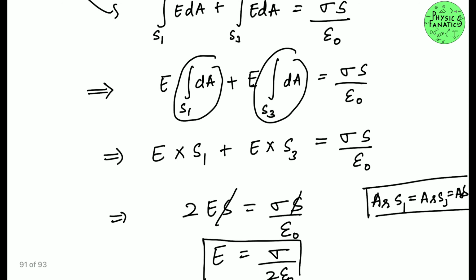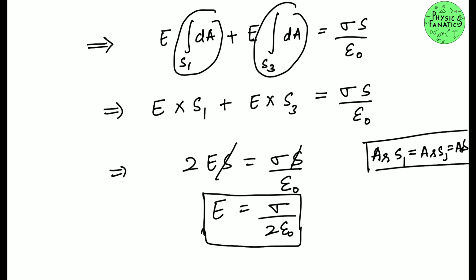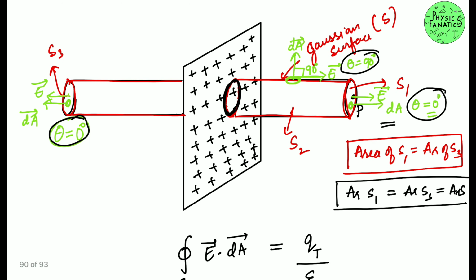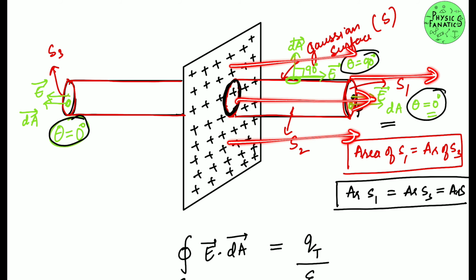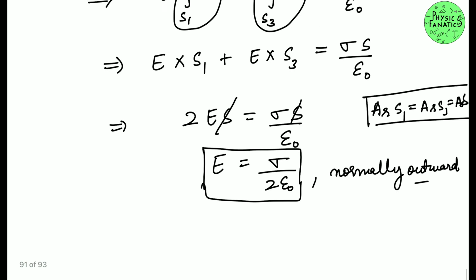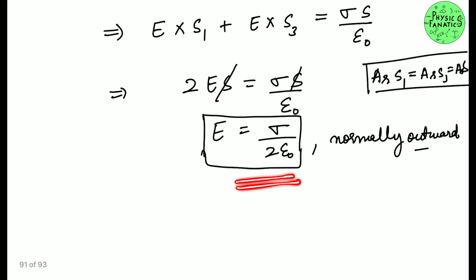Obviously the direction will be normally outward. So the final answer is E equals sigma upon 2 epsilon naught, normally outward.